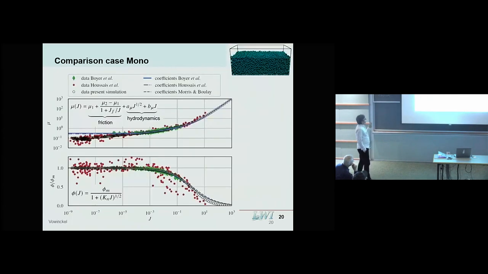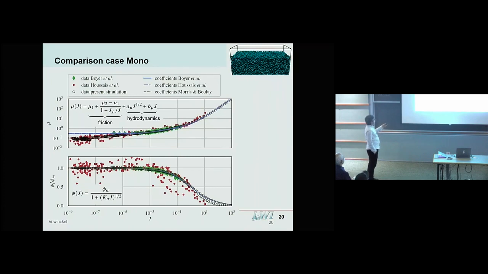And then first, let's check with Morgan's experiments, but also with the data by François Boyer. This is the empirical correlation put forward by François Boyer, all the way spanning from J equals 10 to the negative 5 to some very large value of J. And we see that our data follows this data very nicely.